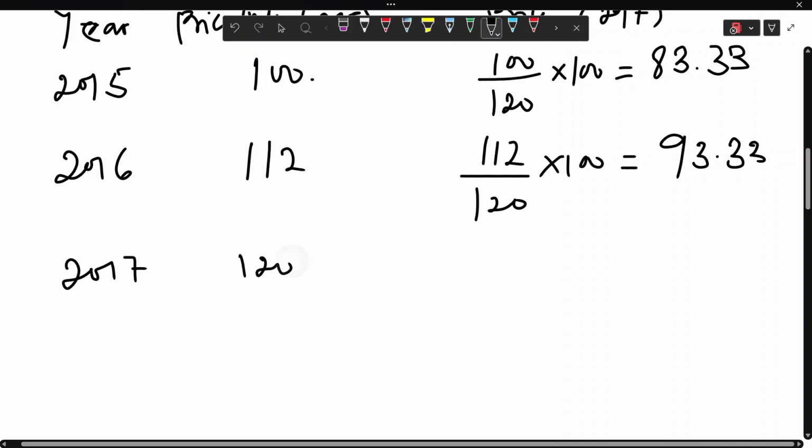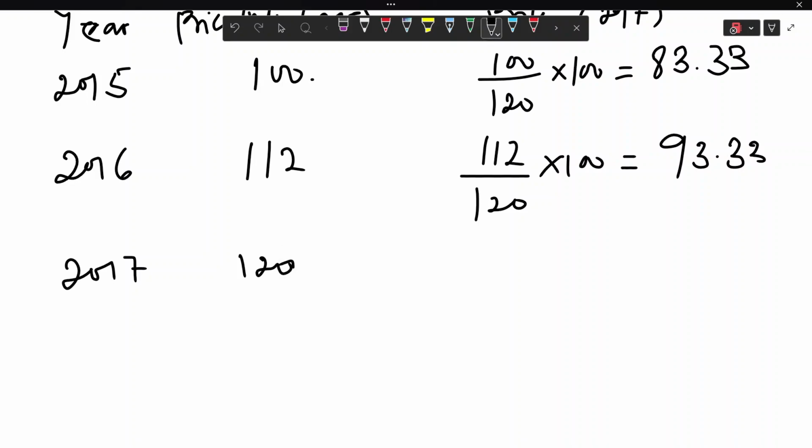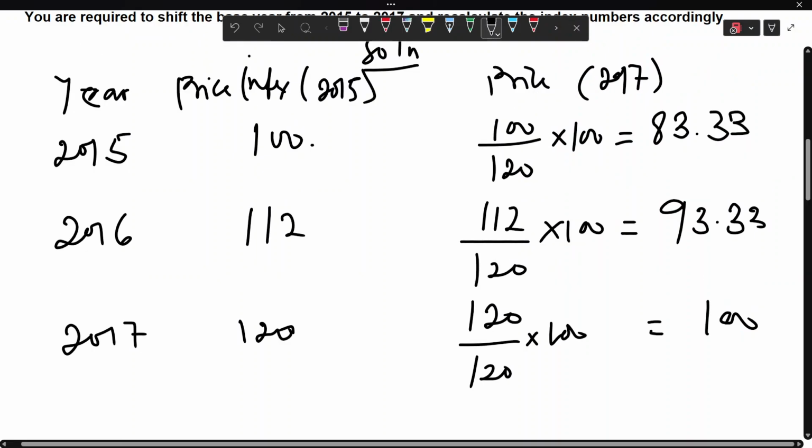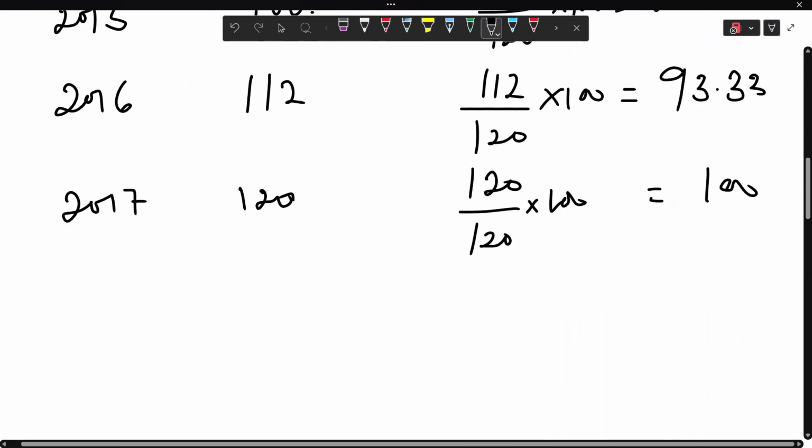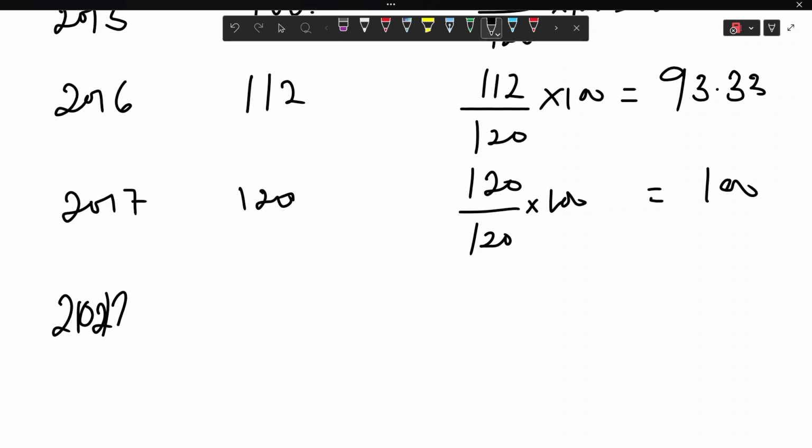Because 2017 is now the new base year, we are going to get 100. If you want to solve it, it's 120 divided by 120 times 100. Then we have 2018, which is 130. So we have 130 divided by 120 times 100.